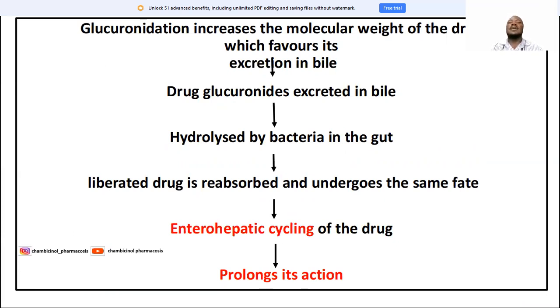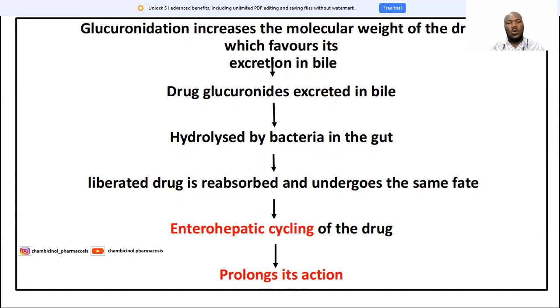So here the drug glucuronide is excreted in the bile because it is a very huge molecule which cannot be excreted through the kidney because of its size. So mostly it will be excreted through the bile. But once it is excreted through the bile, it will go through the duodenum into the intestine, where there are bacteria which cause deconjugation, meaning metabolizing the drug glucuronide.